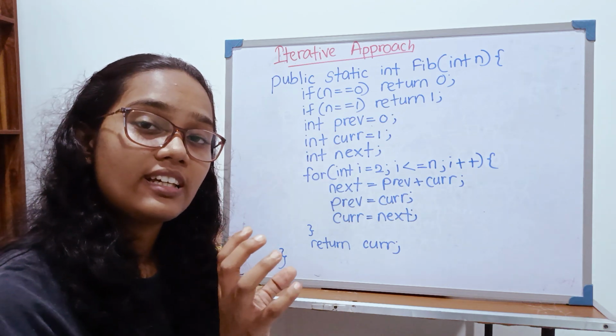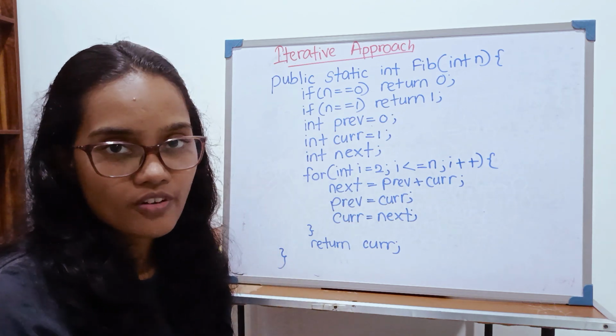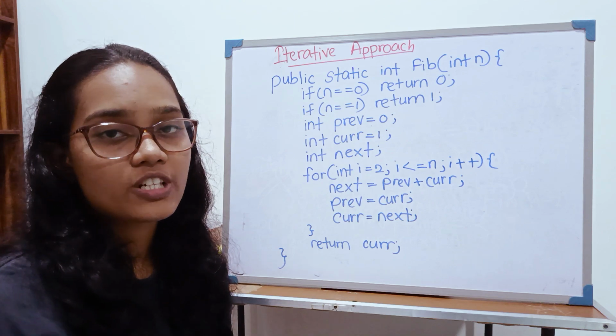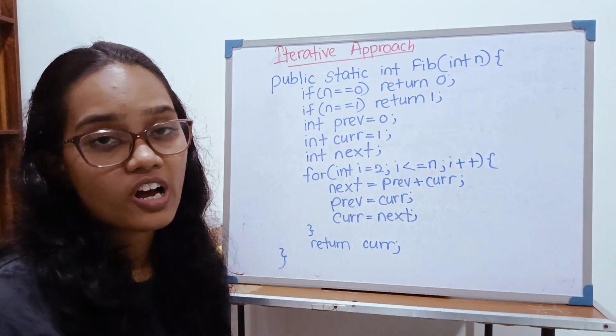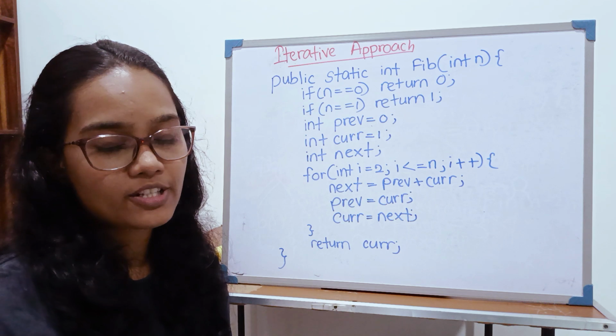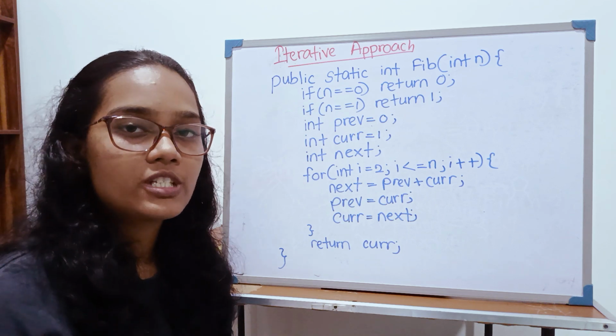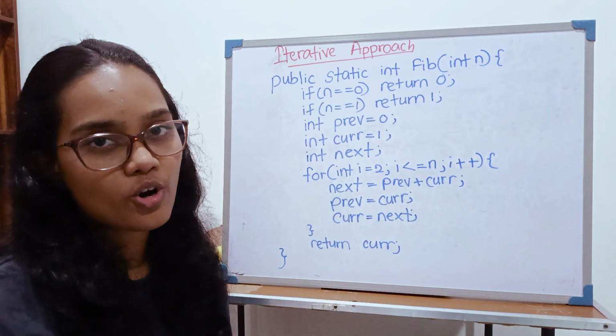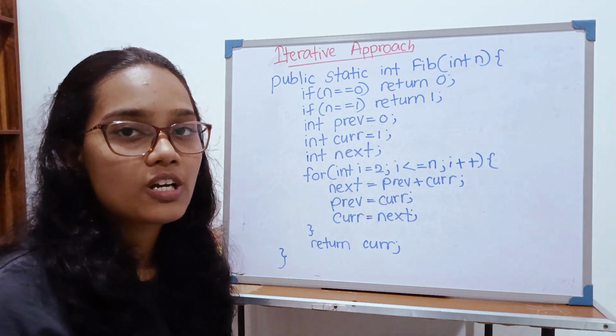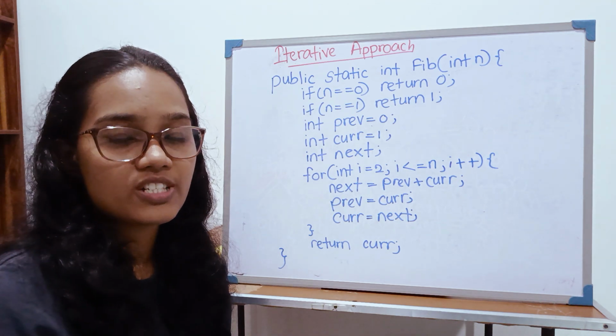The iterative approach is very fast, efficient and works best for larger values of n. However, it's more complex to understand. So it's best to use the iterative approach when your goal is performance and efficiency.